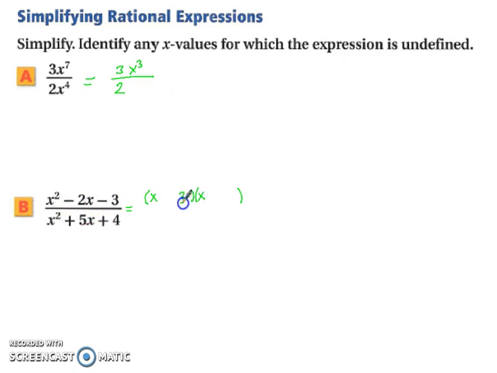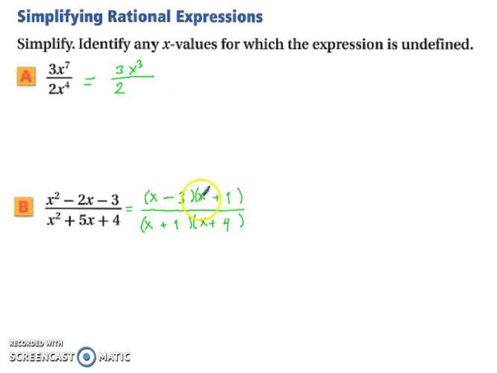Well, we would have 3 and 1, and since we want a -2, it's going to be a -3 and a +1 over, and now we want two numbers that multiply to give us 4, but when we add them, give us 5. So that would be a +1 and a +4.